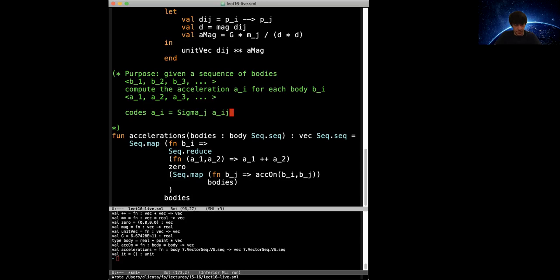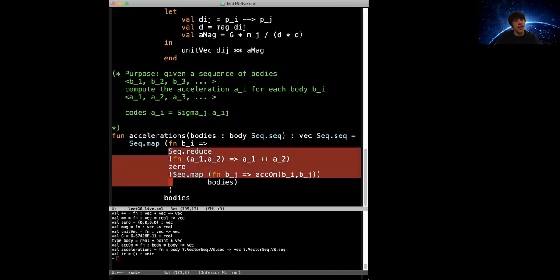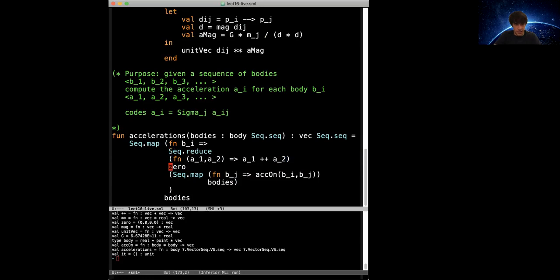And that's exactly what the code looks like here, because for each body bi, we're computing this stuff as ai, and it's defined as the sum as vectors now. The fact that we're doing the sum as vectors means that we don't have to separately figure out the magnitude and the direction. We can just sum up all the vectors.